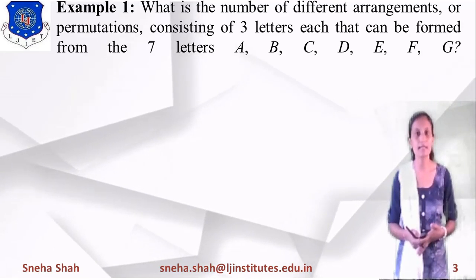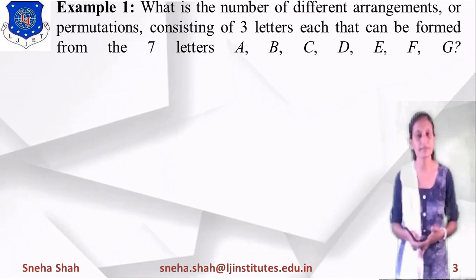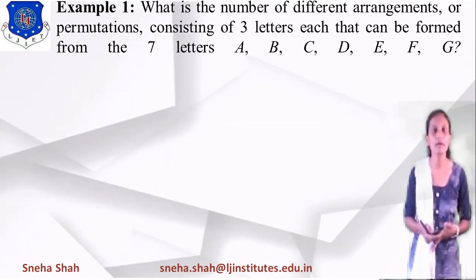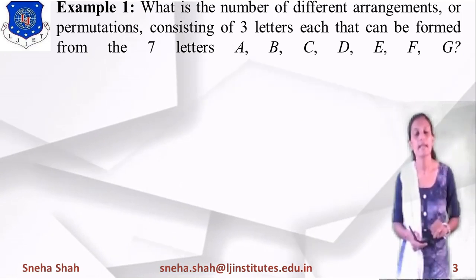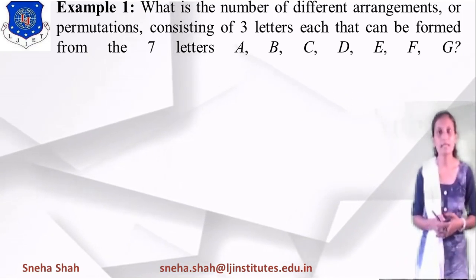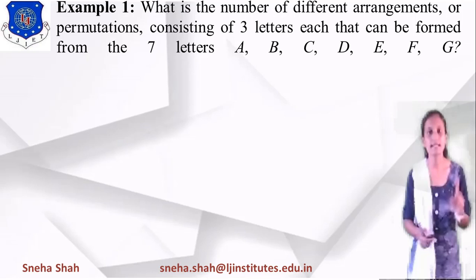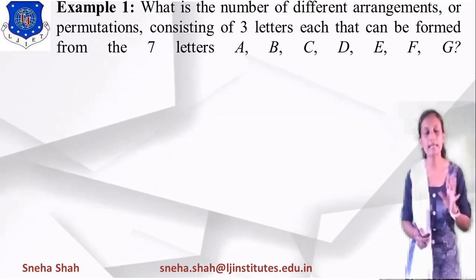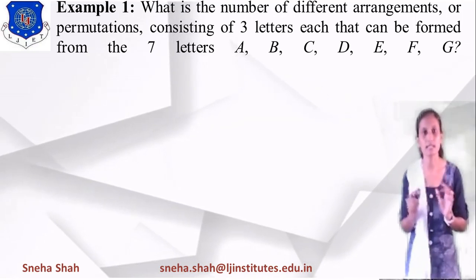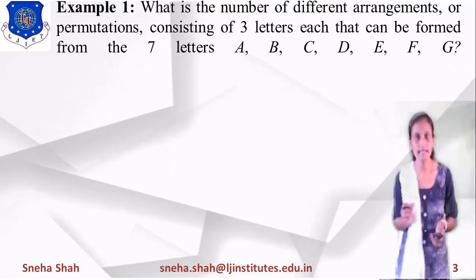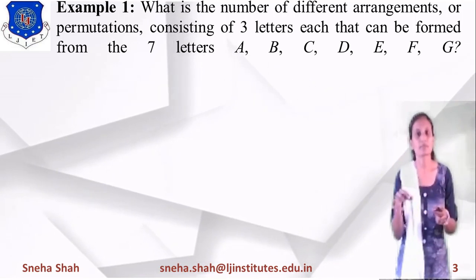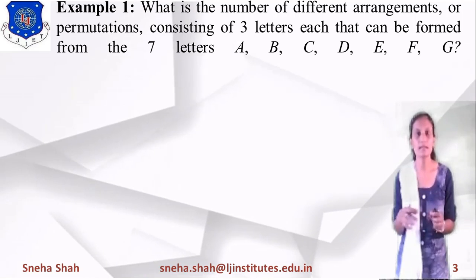The first example is: what is the number of different arrangements or permutations consisting of 3 letters each that can be formed from the 7 letters A, B, C, D, E, F and G? From these 7 letters, if we select any 3 letters, how many different arrangements will there be?